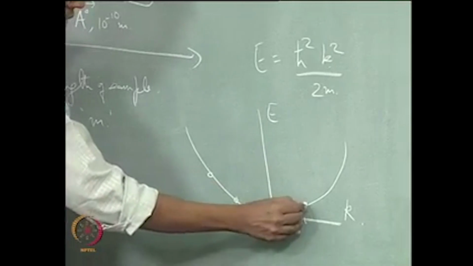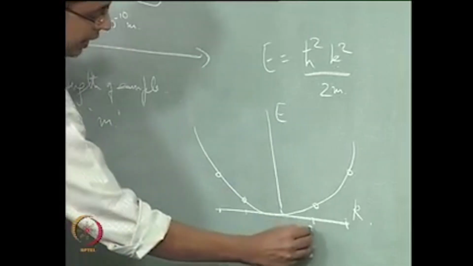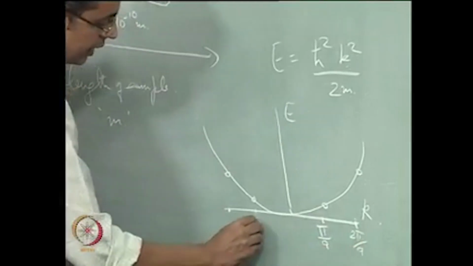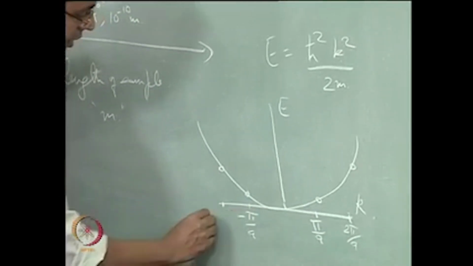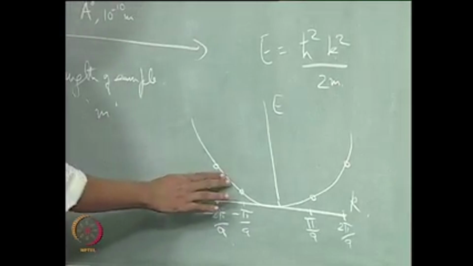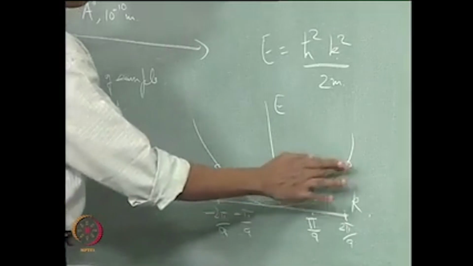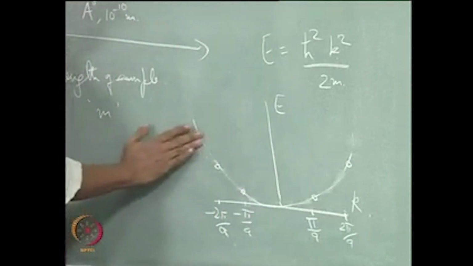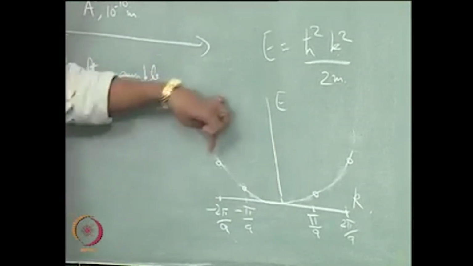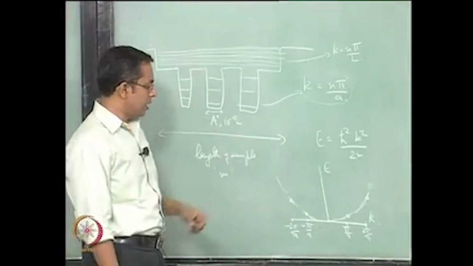These are pi by a, 2 pi by a and so on, minus pi by a, minus 2 pi by a. So only these values of energy are permitted, and the other values are not allowed, but the form is still parabolic. If you connect the points it will look parabolic. So from the parabola of a free electron, only specific values remain once you confine that electron to some location.